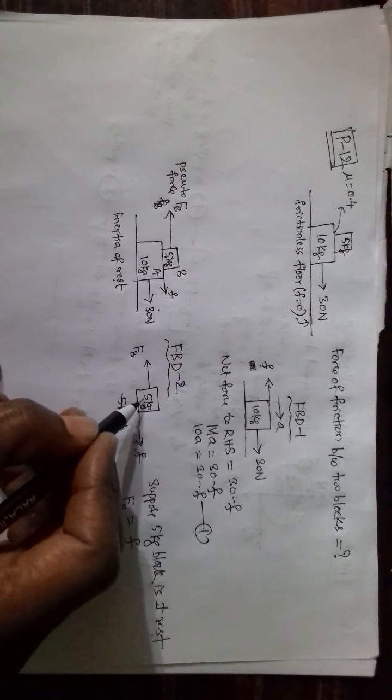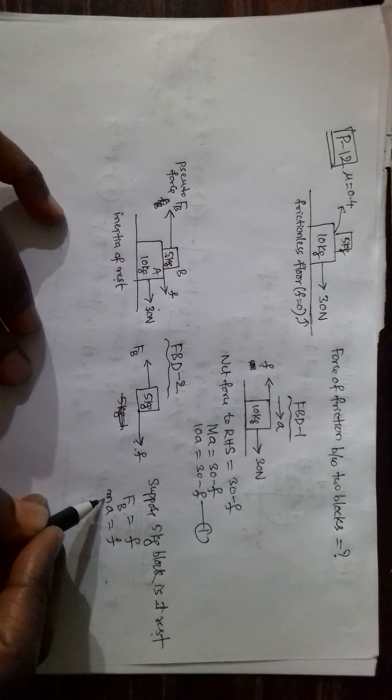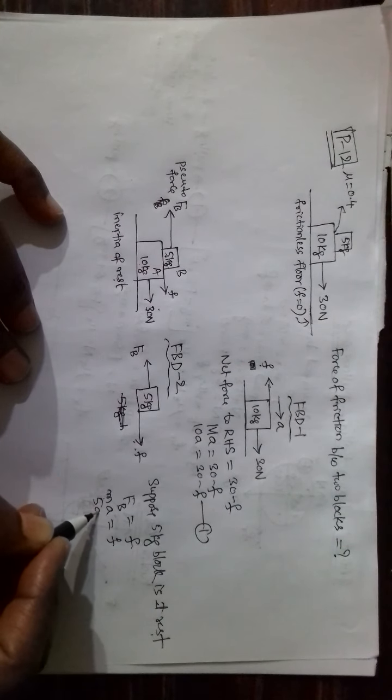So this is small mass, so small m, a is equal to, here it is F. Mass, its mass is 5 kg.